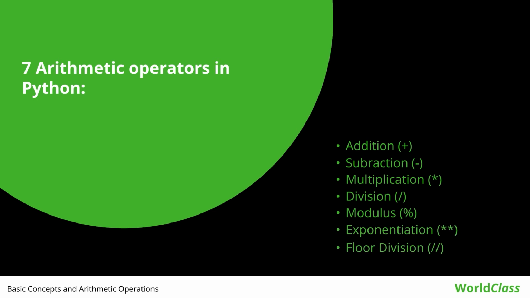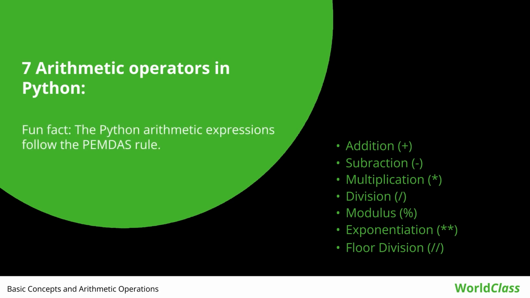You can use these operators interchangeably to form an arithmetic expression. It's also important to note that Python arithmetic expressions follow the PEMDAS rule. Therefore, you could also make use of the parentheses to specify the precedence.